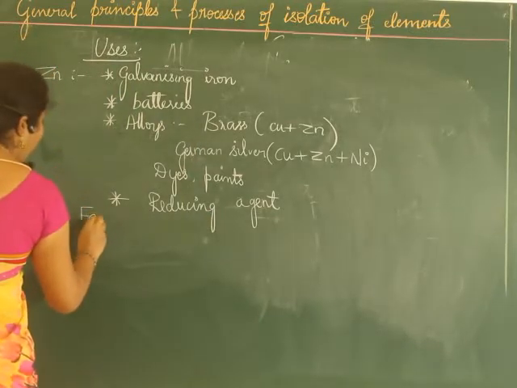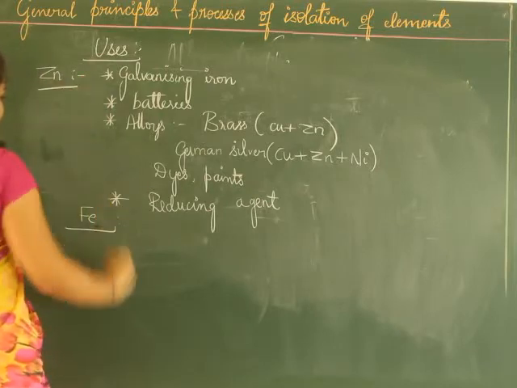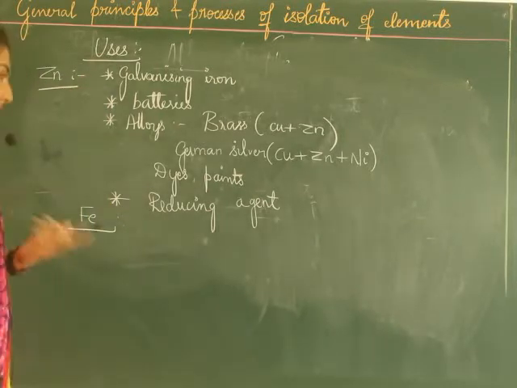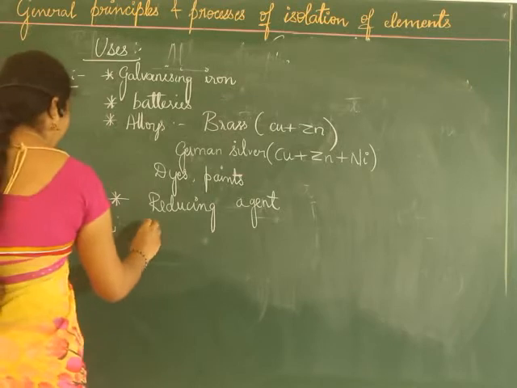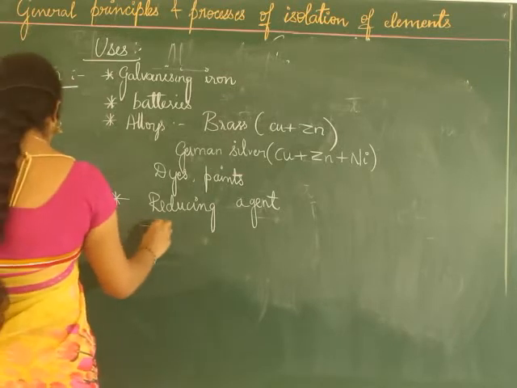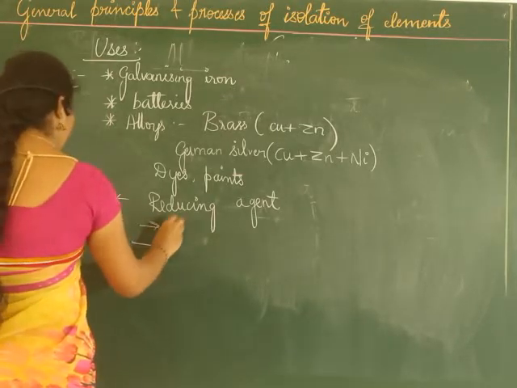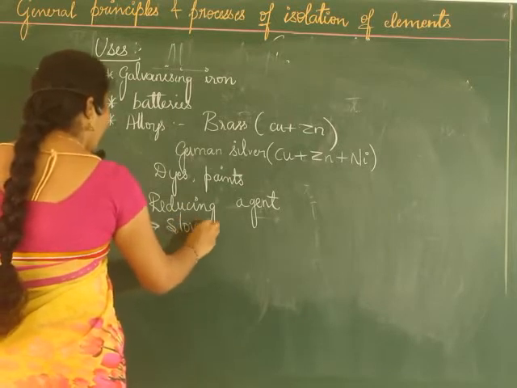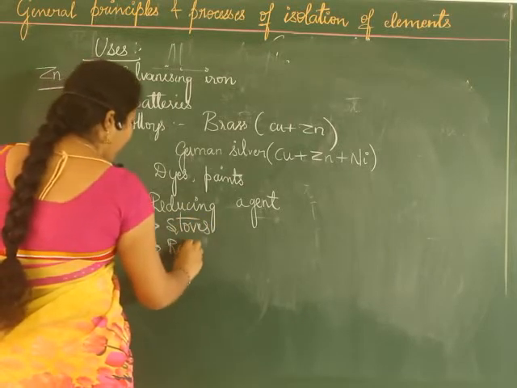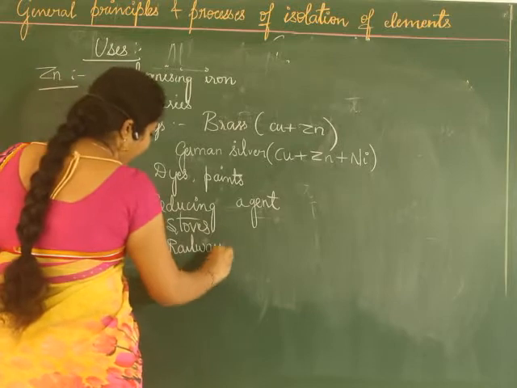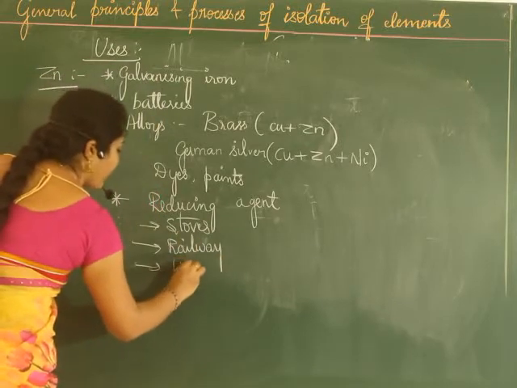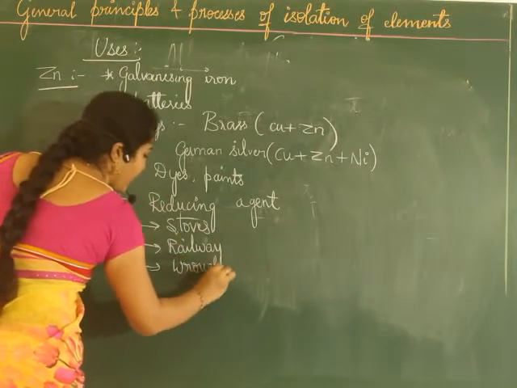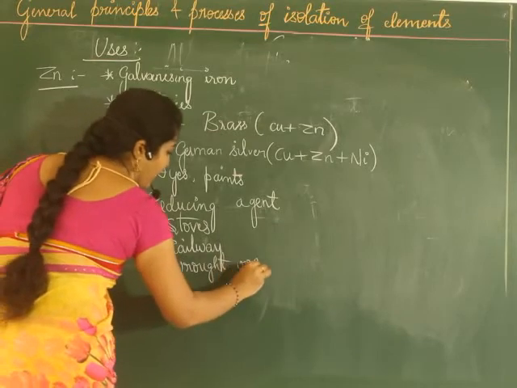Now let us move on to the uses of iron. Iron, however, you know, again, you have many uses of it, out of which a few are, say, in the manufacturing of stoves, railway tracks, or in the preparation of wrought iron. Wrought iron, you know, which we have studied during the extraction of iron.